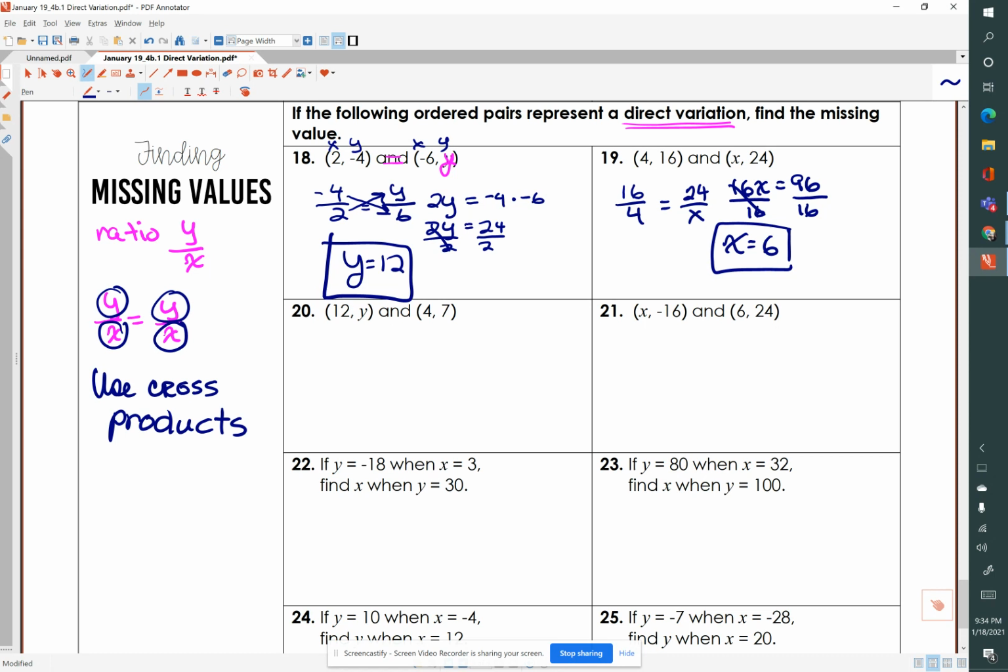So we've got y over 12 equals 7 over 4. So 4y equals 84. Divide both sides by 4, and y equals 21.